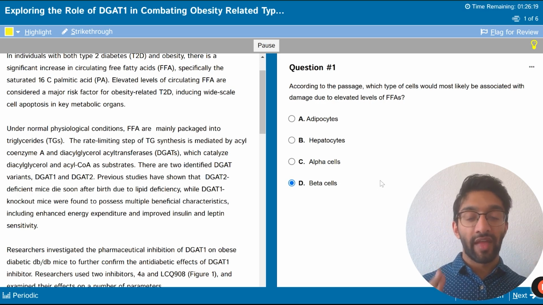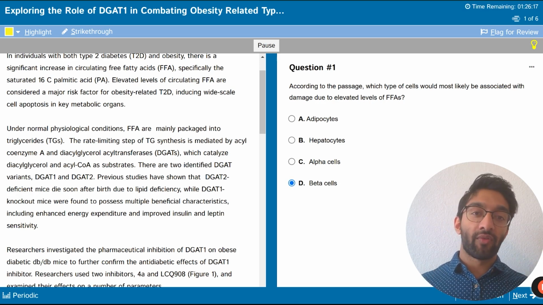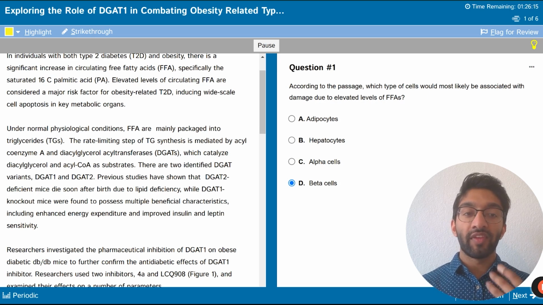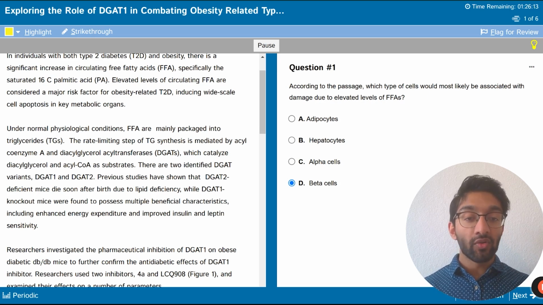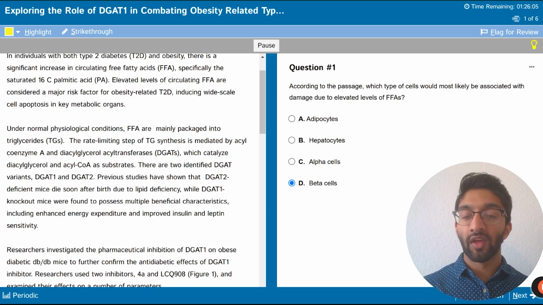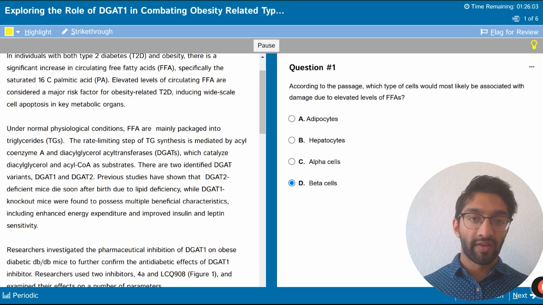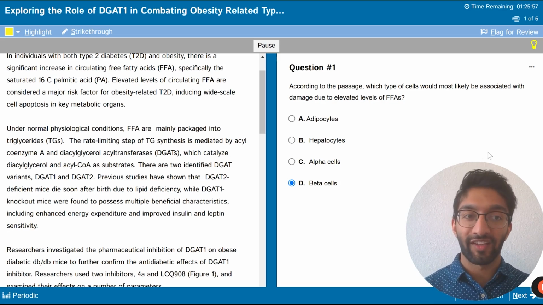So sometimes it helps to get that general sense of what the passage is about, and use that to guide your answer, especially when you can't find it, because nowhere in the passage is it specifically said that beta cells are damaged by free fatty acids. More so, you have to understand the context of diabetes and use that to answer this question. So for that reason, we would pick D.